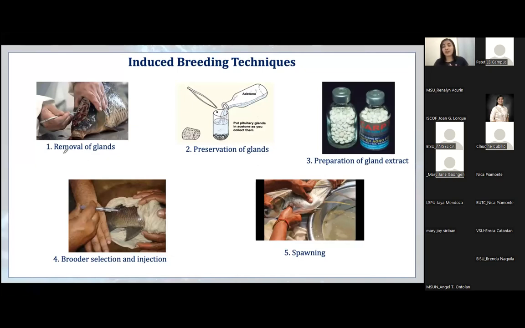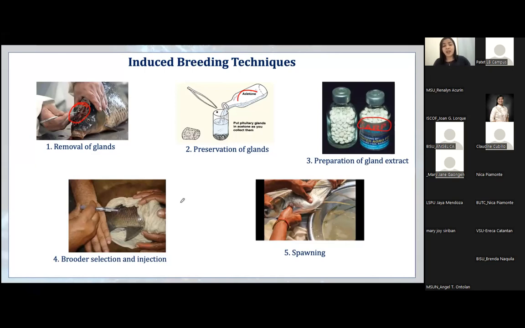Number 1, of course, removal of glands. Ito yung sinasabi ko na removal of the pituitary gland from the head of the carp. Preservation of glands, usually yung ginagamit dito is acetone or alcohol. And then ito yung itsura ng prepared na gland extract. This was pelletized.